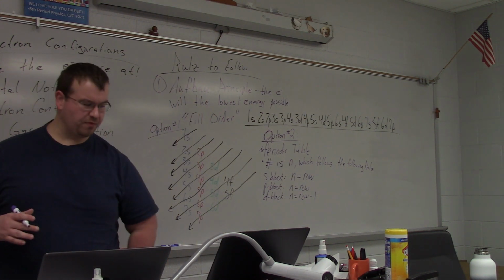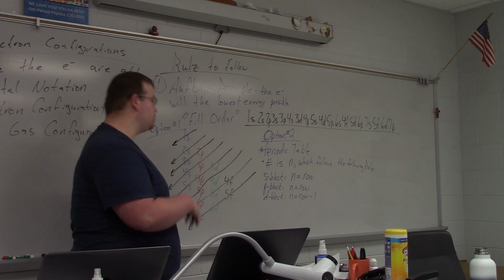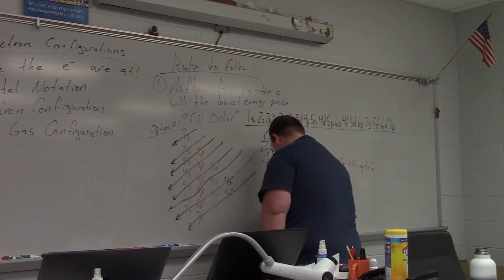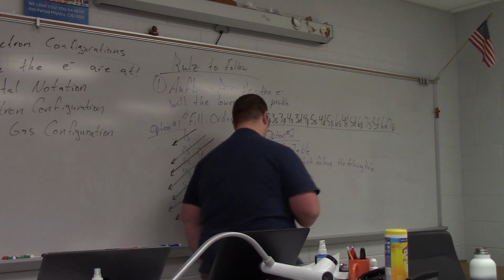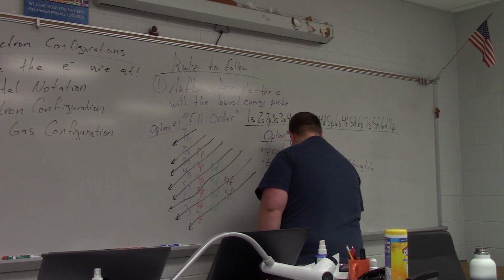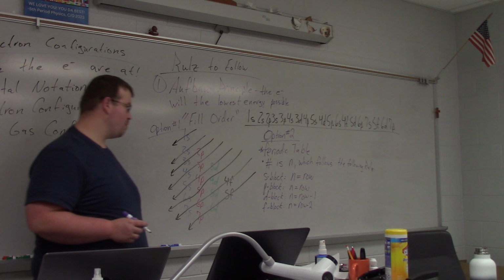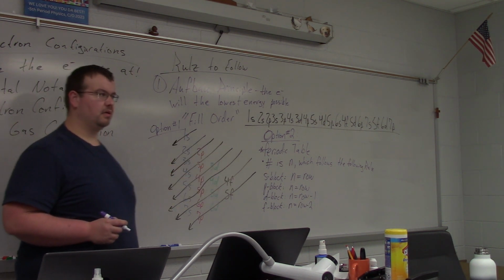So whatever row you find yourself in, you take it and subtract 1 from it. F block: N is equal to the row minus 2. That's how we get the number.